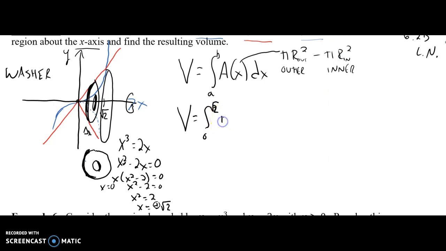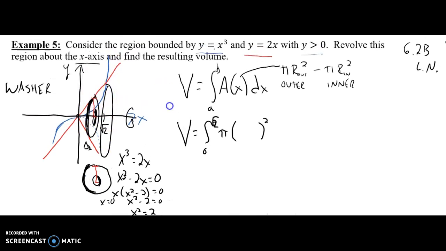So I'm going to have pi times my outer radius squared. My outer radius goes from here all the way down to the middle, and it depends upon my line function, y equals 2x. So this is a y height, and that y happens to be equal to 2x. So this is going to be 2x, squared.